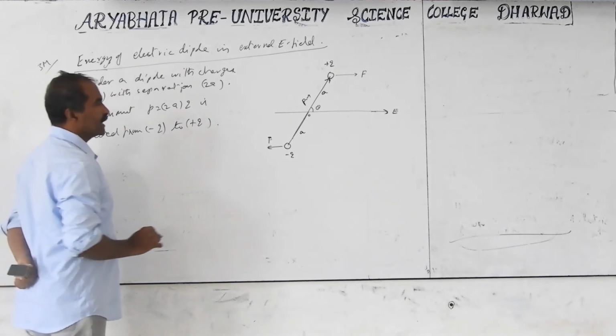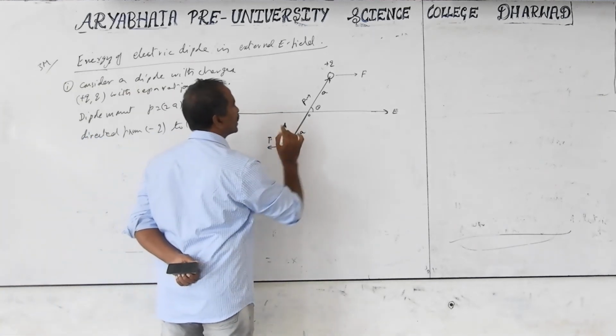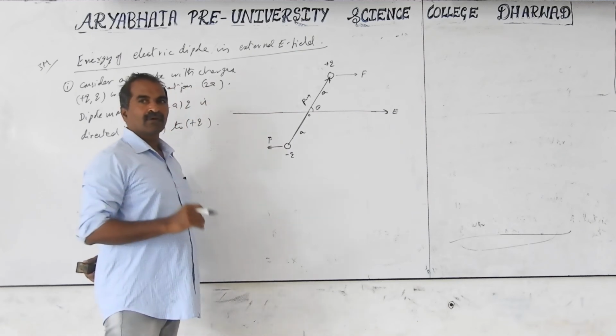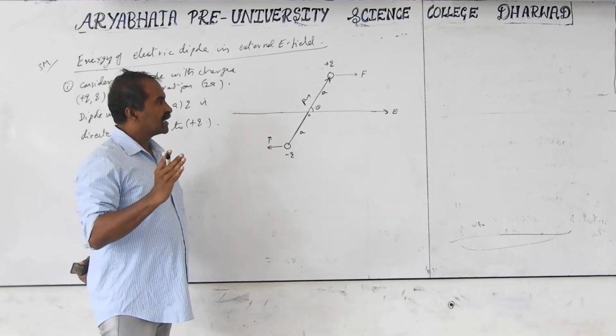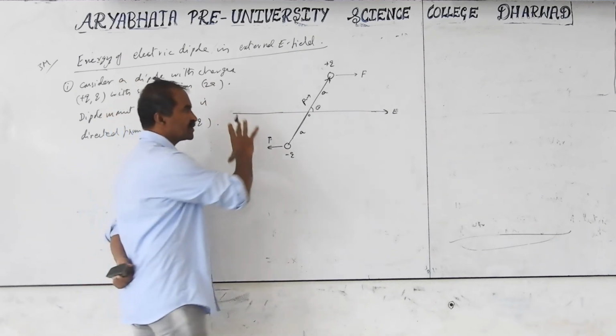Next, in this electric field we have the potentials. We already said that in the direction of the electric field, the potential decreases.